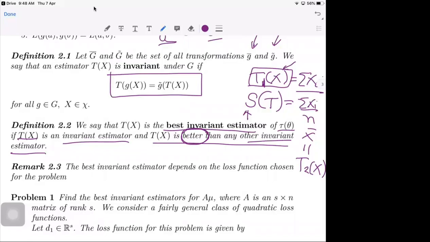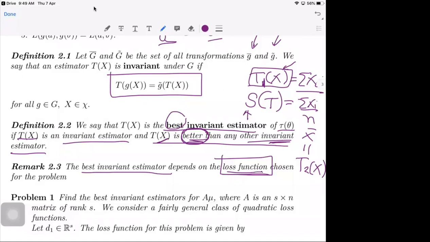So invariant gihapon ang iyang kakontra, pero kano sa man siya better? So the better or the best will be measured in terms of a loss function. So we choose a loss function, we compute the loss function of this T of X and any other competitor na invariant estimator.